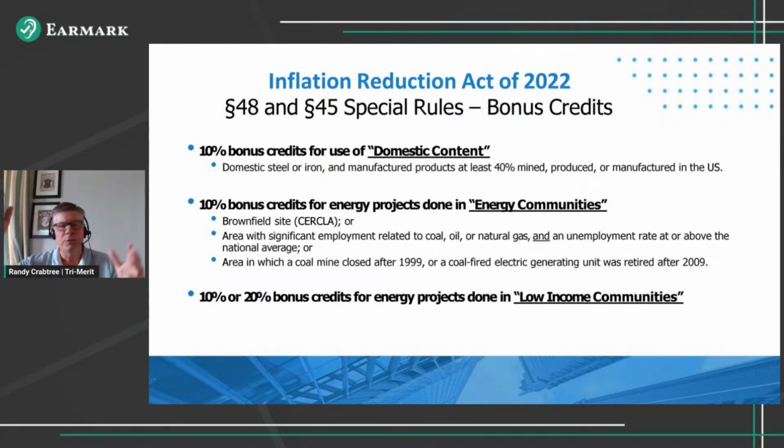We don't get 10 for each if we hit 2 or 3 of them. If we hit one of those, we get another 10% bonus. So now it's gone from 40 to 50 if we met the first two.